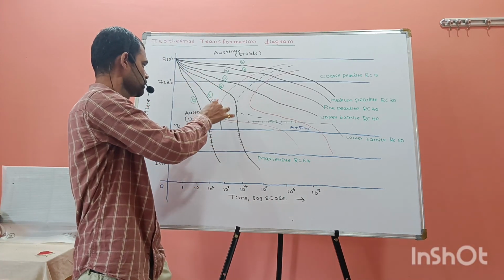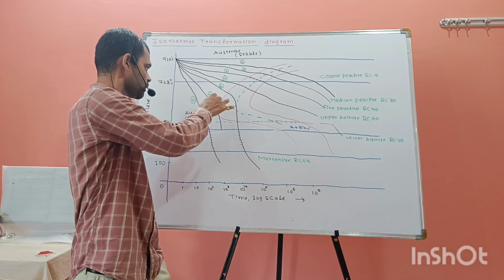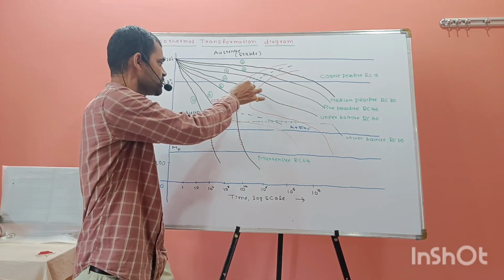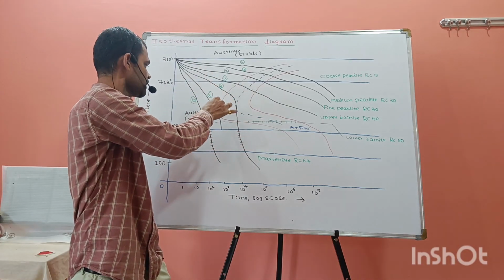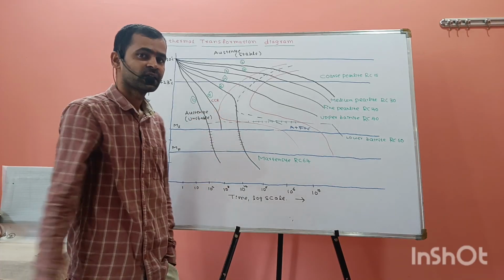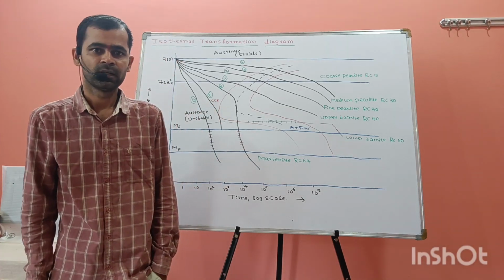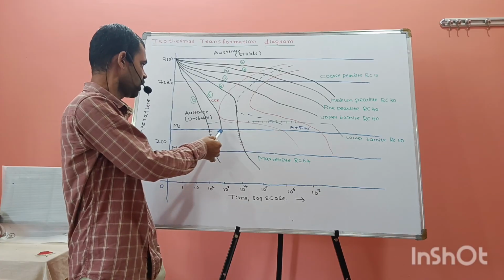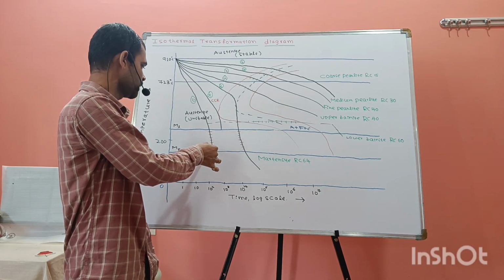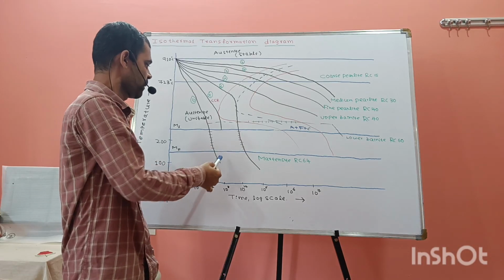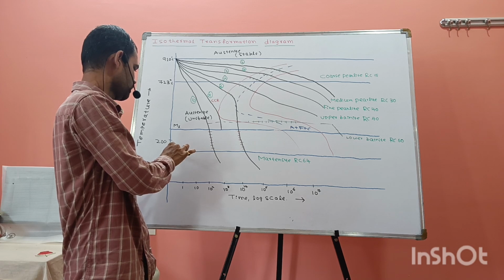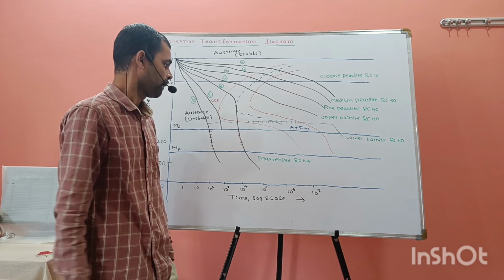The next cooling curve is tangent to the nose portion of the C curves, which is nothing but the critical cooling rate, and above this line also there is a chance of forming martensite.